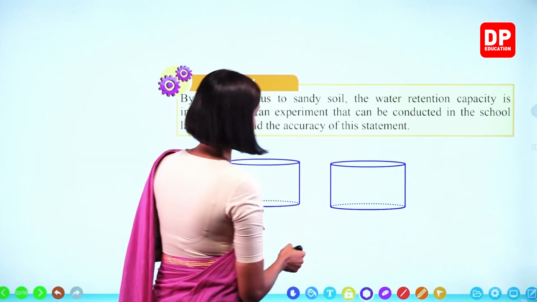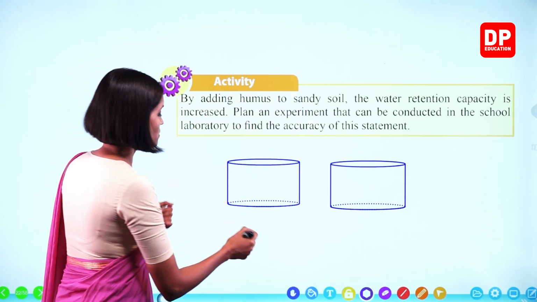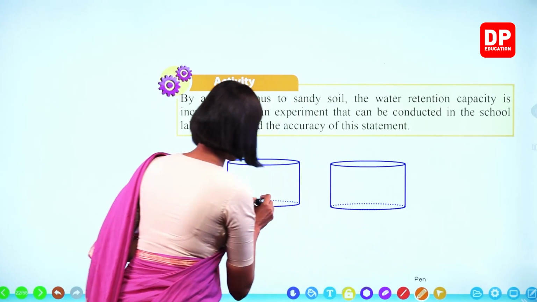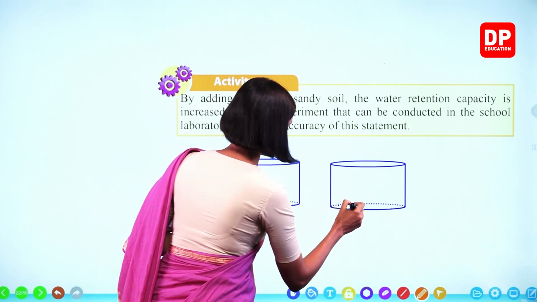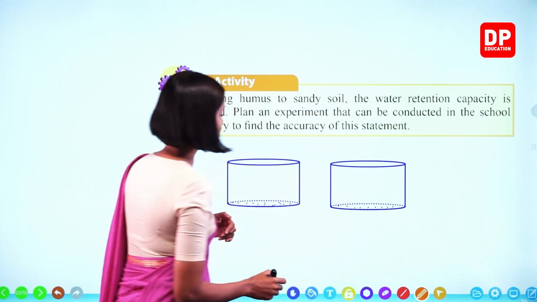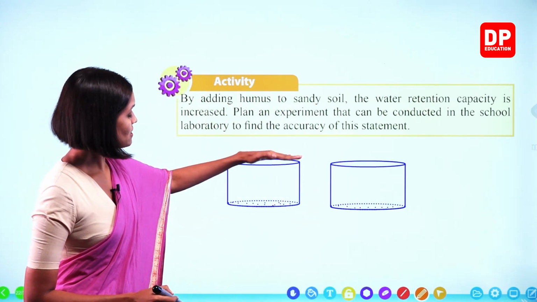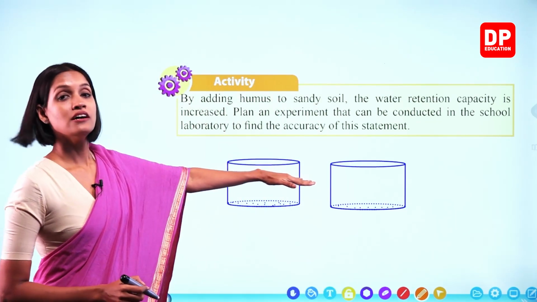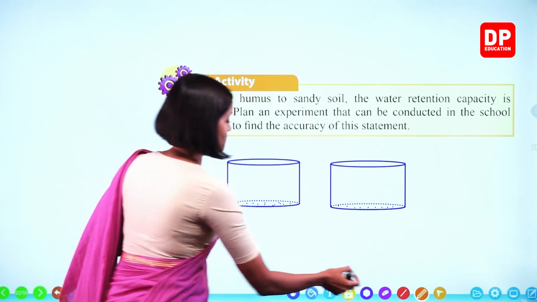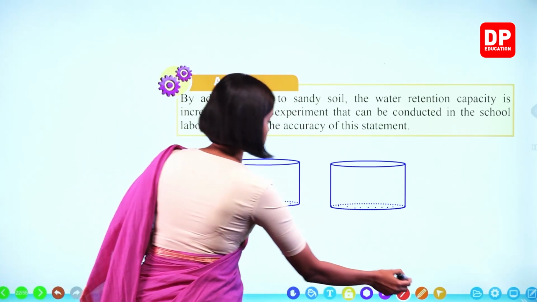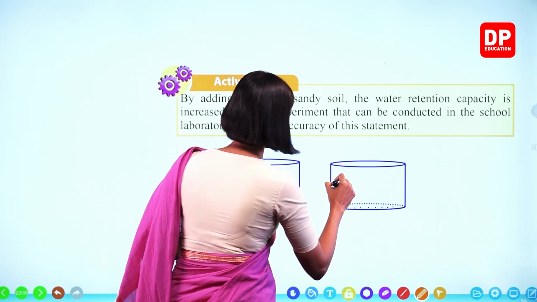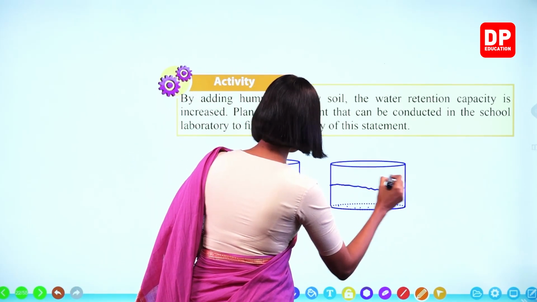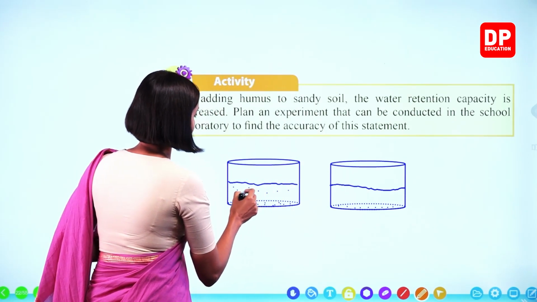Two similar cups with holes at the bottom. And then we have to fill these cups with sandy soil. We have to make sure this sandy soil is taken from the same place.